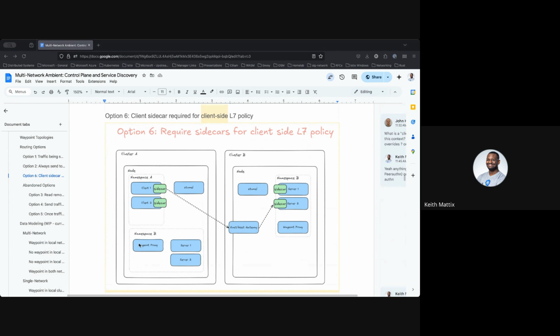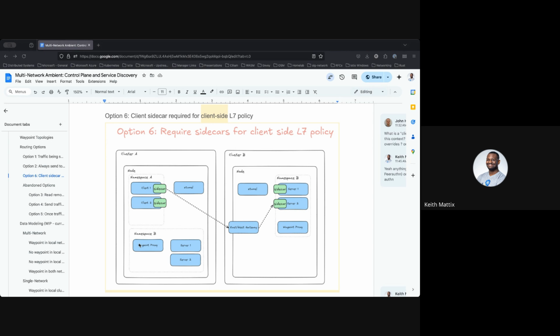In the early days of Ambient, we often talked about the idea that sidecars would be required for client-side overrides and things like that. And in the multi-cluster case, we would extend that idea. Or an egress gateway, right?